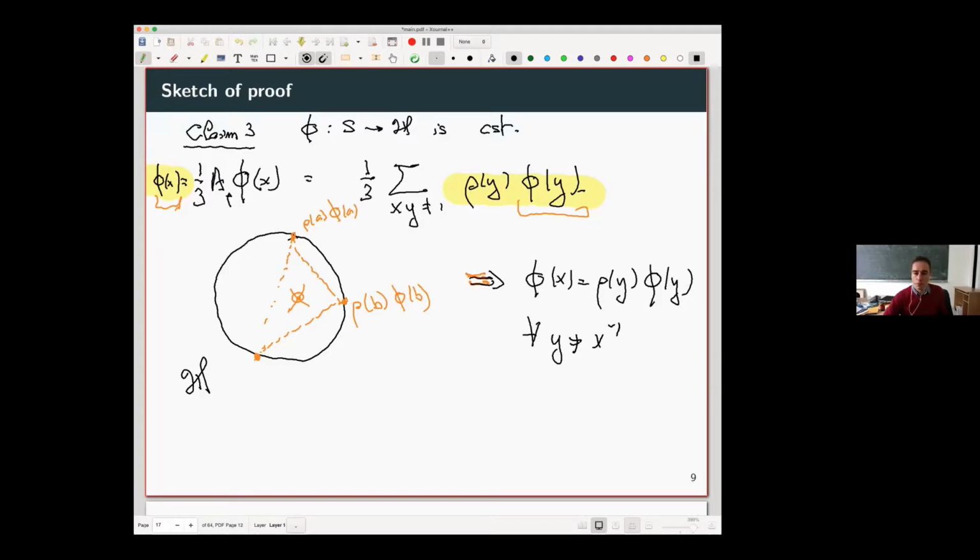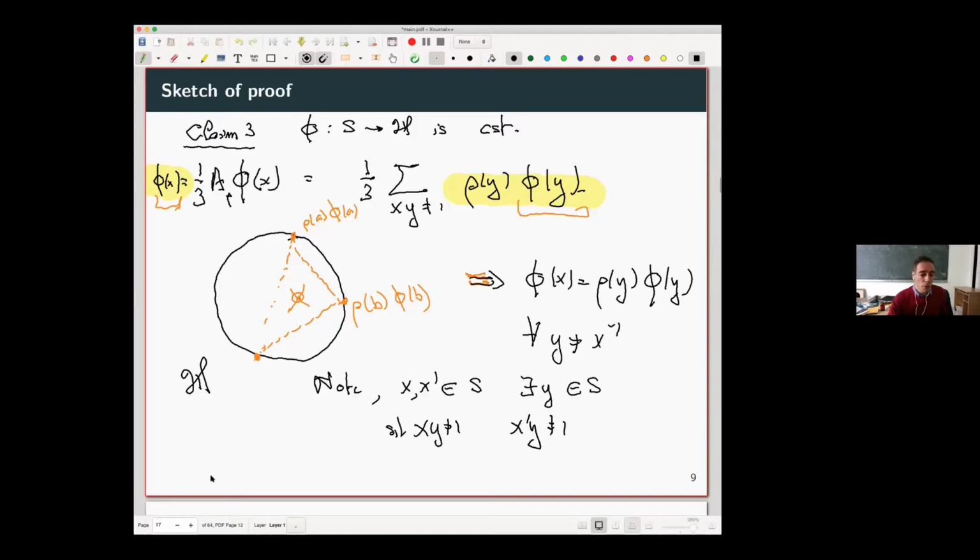And from that, you can get that phi is constant, because here's the observation. If you take x, x prime two generators, there always exists a certain y, another generator, such that xy is different from 1, and x prime y is different from 1.